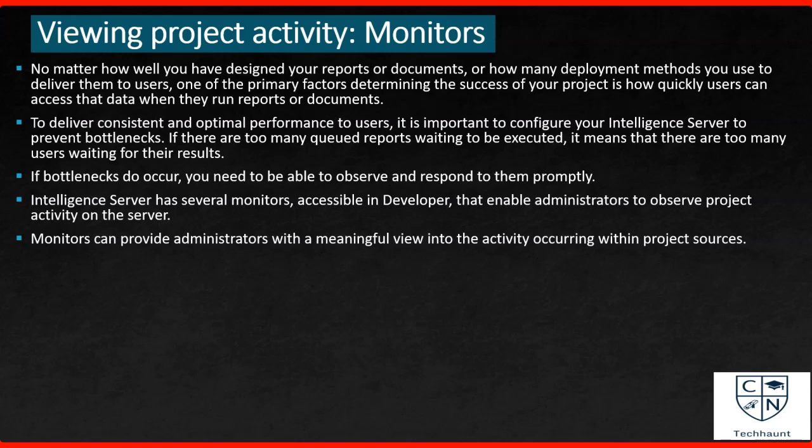If there is a spike in requests to your Intelligence Server, then it will become unavailable or unresponsive. So you should govern those kinds of policies at the Intelligence Server level and a few policies at the project level. We will look into how we can configure and govern those policies.